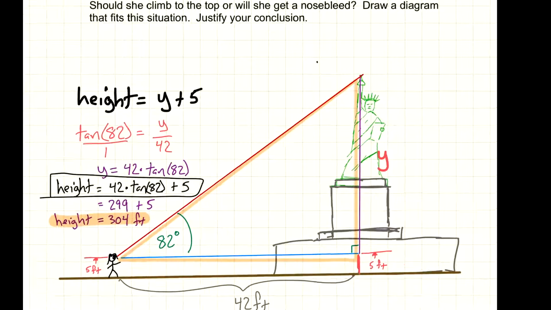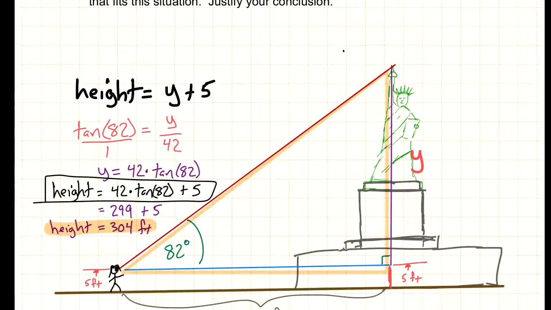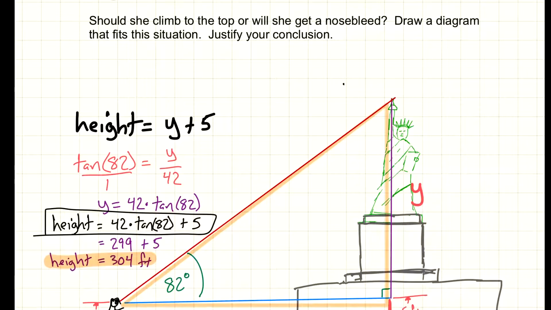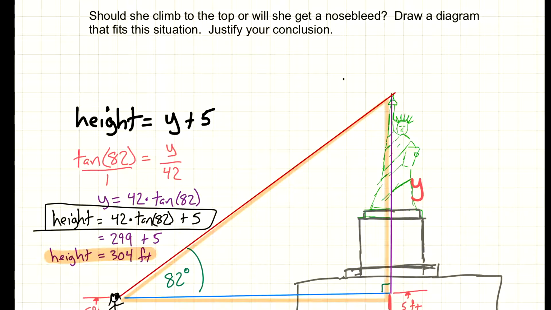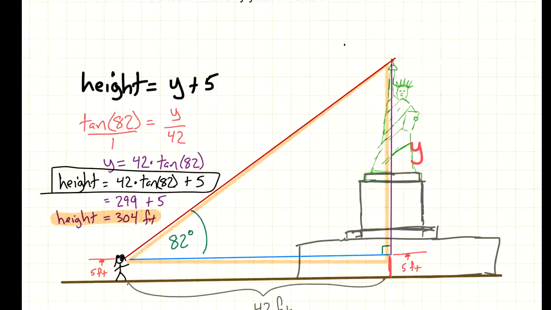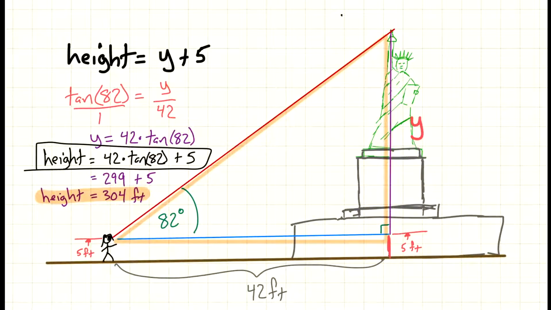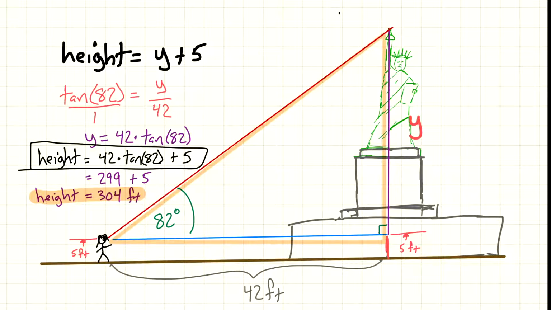So then the question is, should she climb to the top or will she get a nosebleed? All right, and so I'll let you answer that question at the end of the video. So this is what your work should look like. You set up an equation, you solve it. In this case, there was a little bit extra, 5 feet we needed to add.